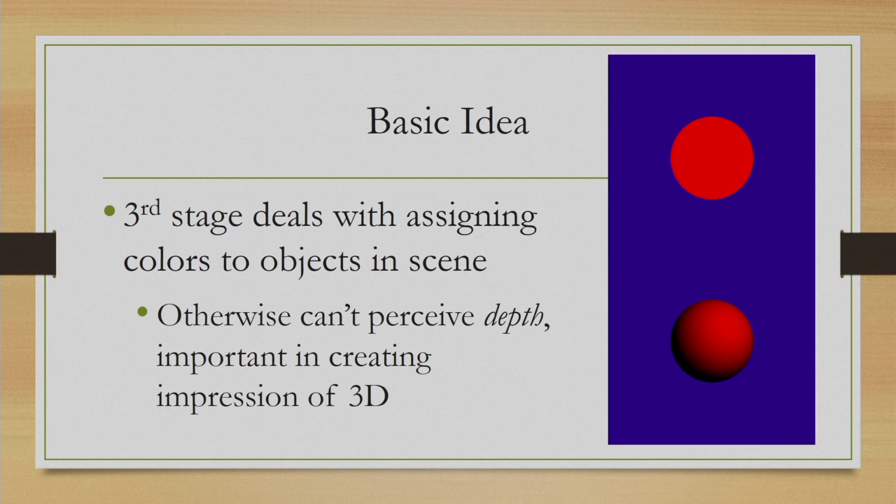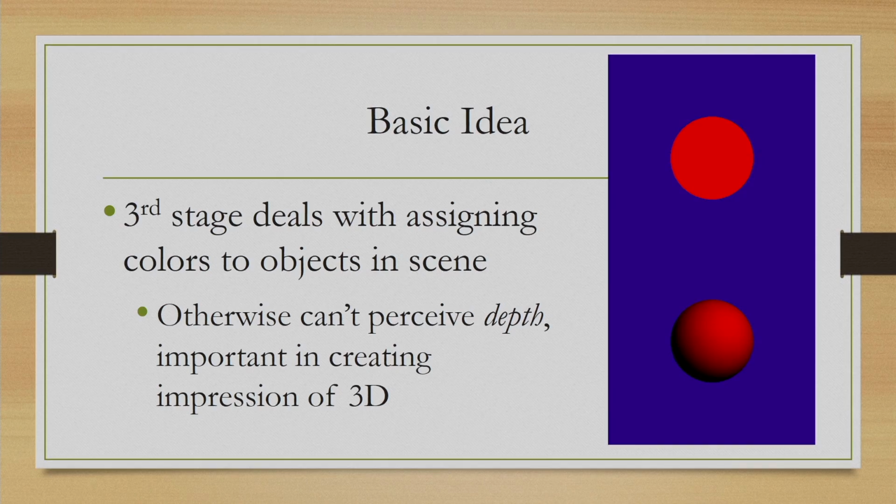So, we will start with the basic idea of the coloring process. When we talk of coloring, what do we mean and how can we actually implement the idea of coloring in the context of computer graphics. Now, as I have already mentioned, the third stage deals with assigning colors.